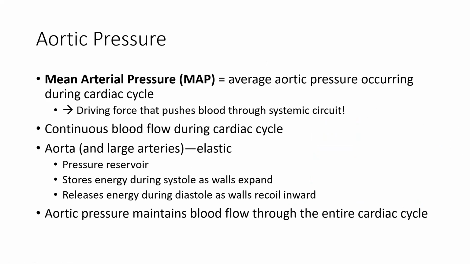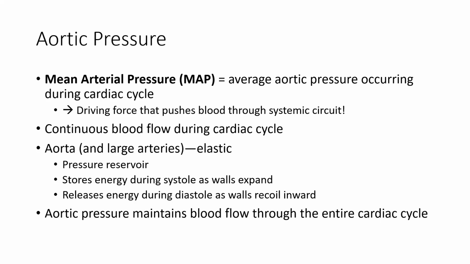And so the mean arterial pressure is really an average of the pressure in the aorta that's occurring during an entire cardiac cycle. And this is a very helpful value. It's going to tell us about the average driving force of blood that's pushing this blood throughout the systemic circulation.